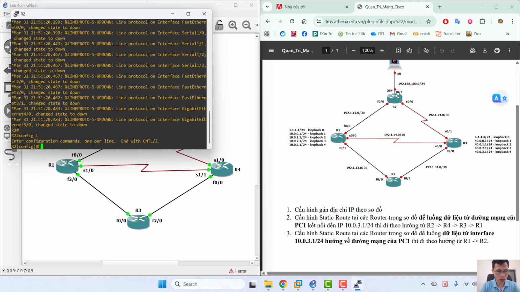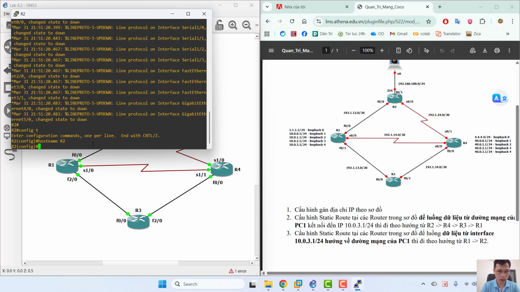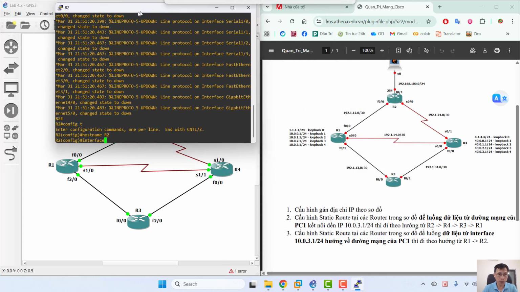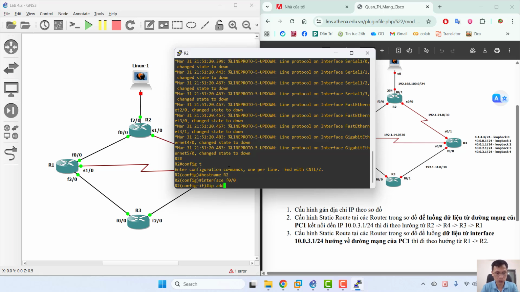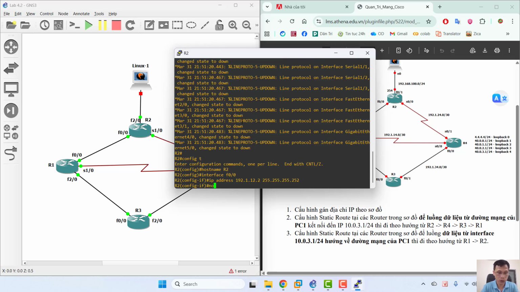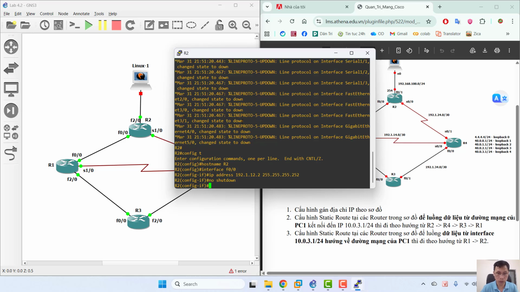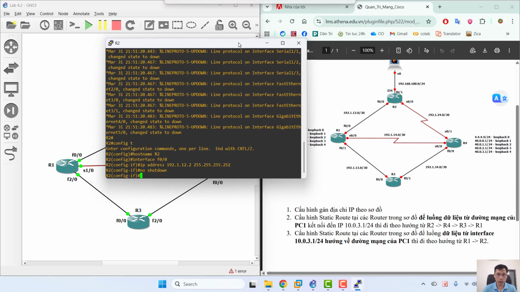Now hostname R2. Interface 0/0, IP address 1.12.2, 255.255.255.252. No shutdown.